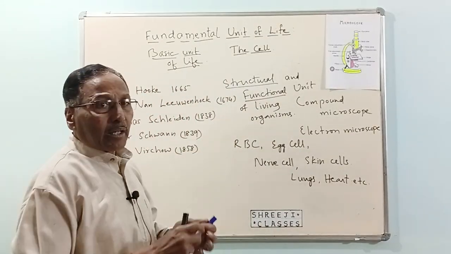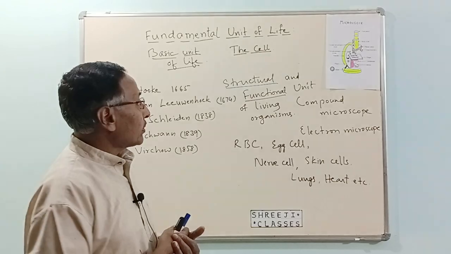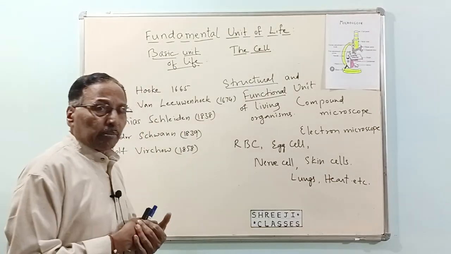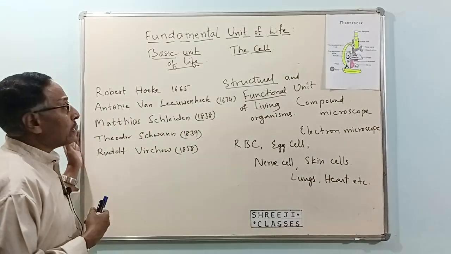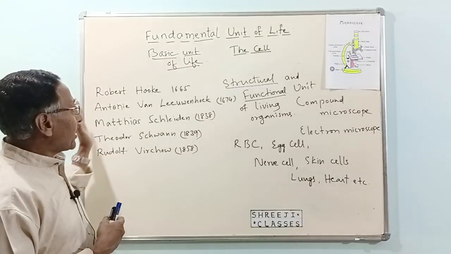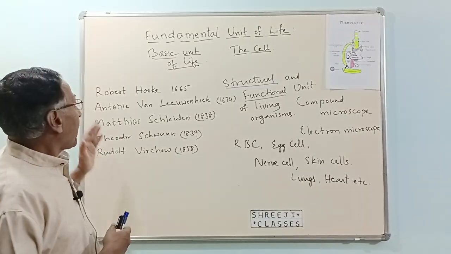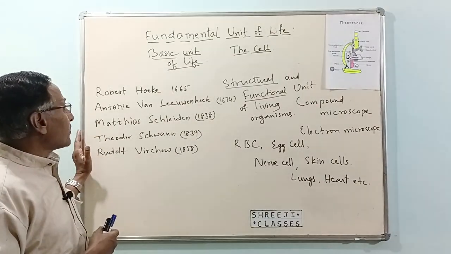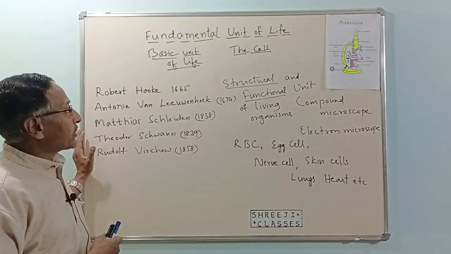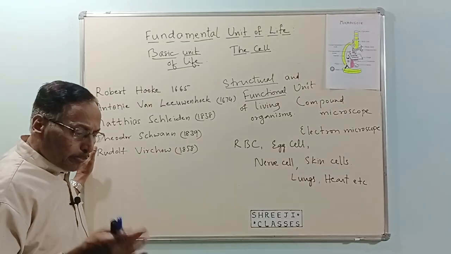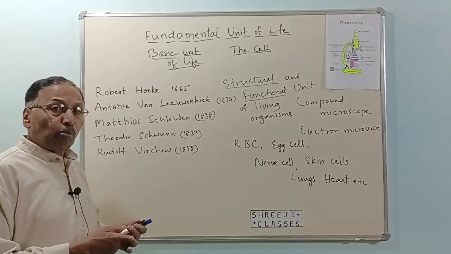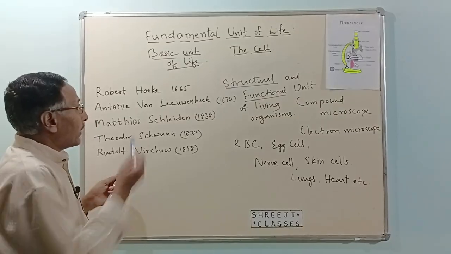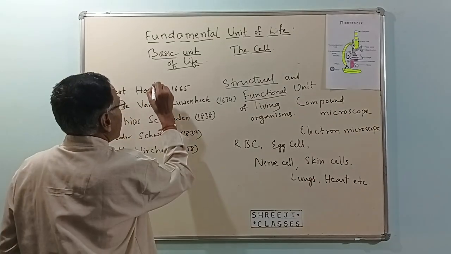This cell was first seen by a scientist called Robert Hooke. The cell was first observed by Robert Hooke in the year 1665 when he was observing a slice of bottle cork.